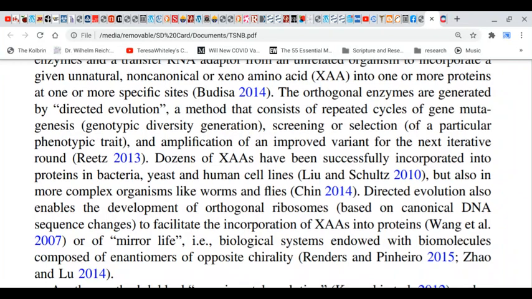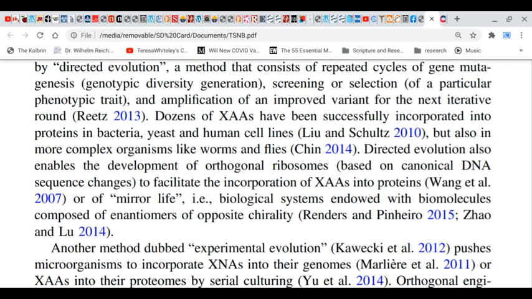Directed evolution also enables the development of orthogonal ribosomes based on canonical DNA sequence changes to facilitate the incorporation of XAAs in proteins, or of mirror life biological systems endowed with biomolecules composed of enantiomers of opposite chirality.